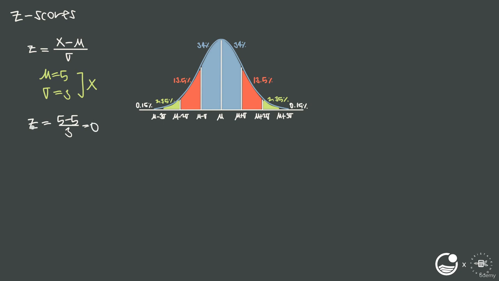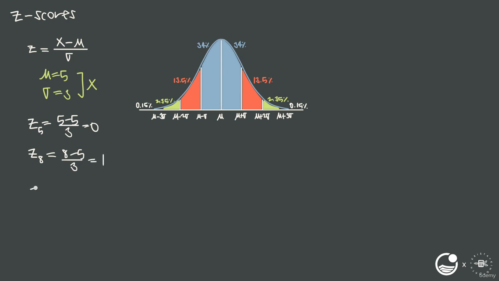So the z-score associated with x equals 5, we'll put a little 5 subscript here to indicate that x was equal to 5, the z-score associated with x equals 5 is 0. Let's look at what happens if we set x equal to 8. So we say z for the x value 8 is equal to 8 minus 5 divided by 3, or 3 divided by 3, which is equal to 1.